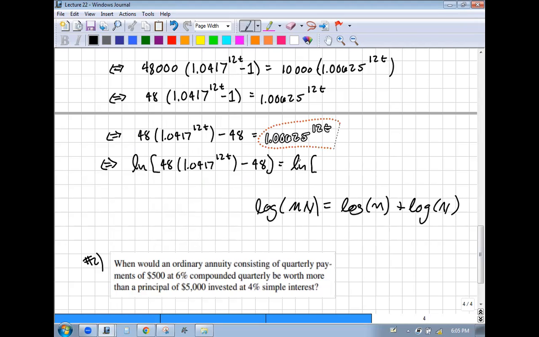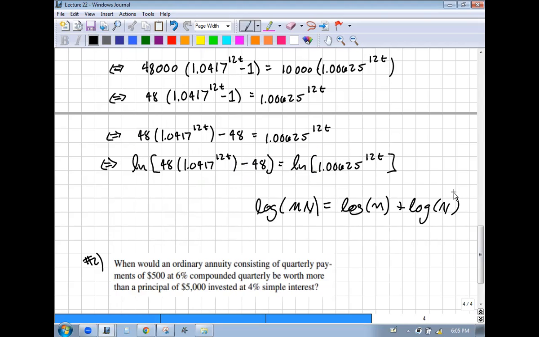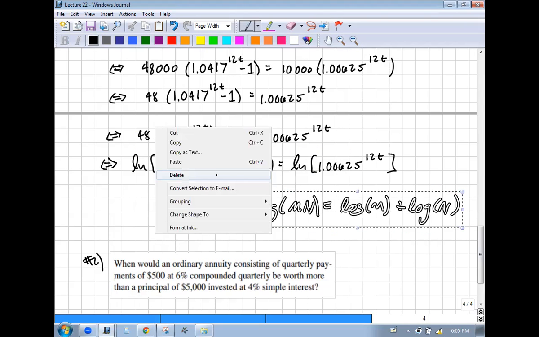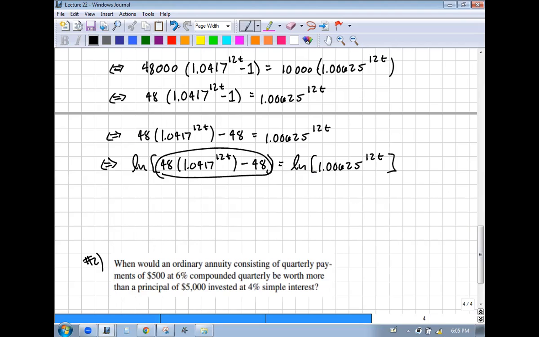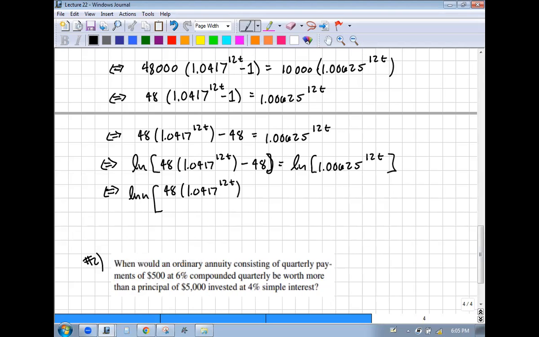Let's see what we can do here. This is a log of a difference. We'd have to do some creative math here. So this is a difference, right? So we could turn this into natural log of this divided by 48, right?